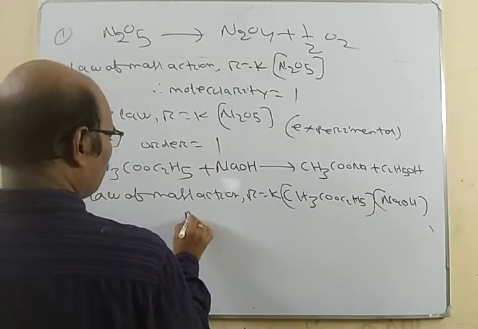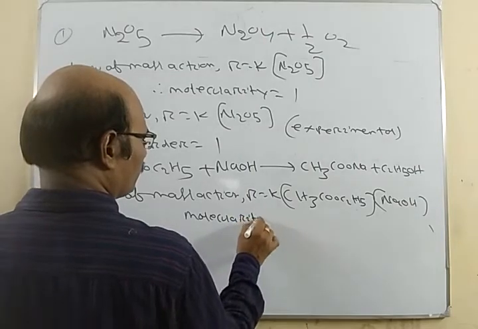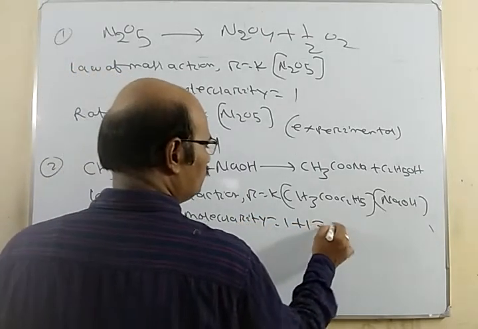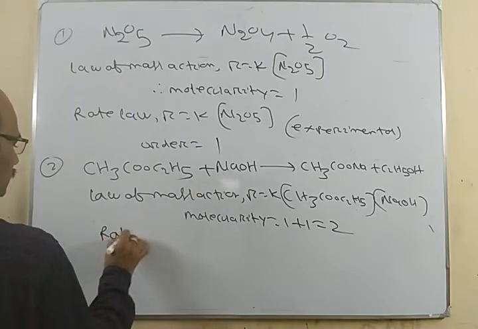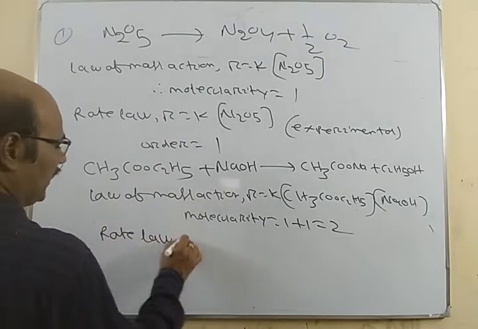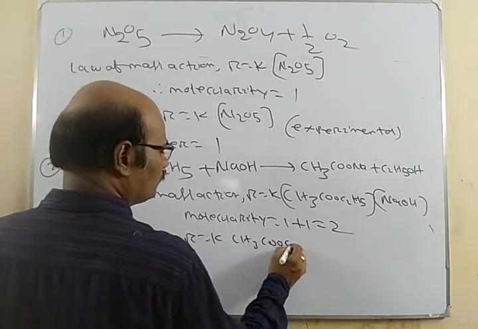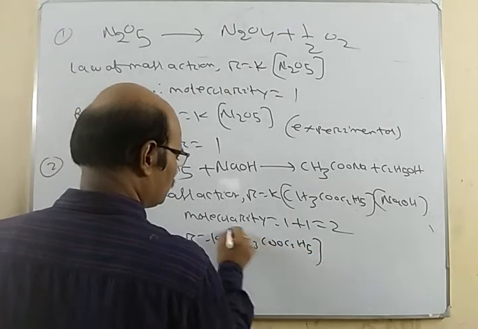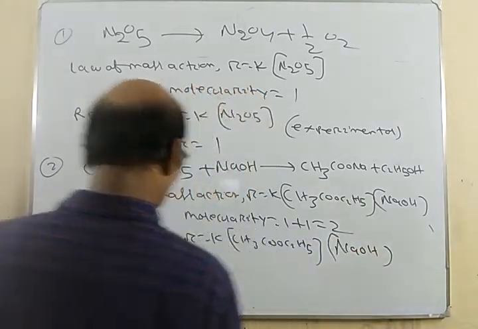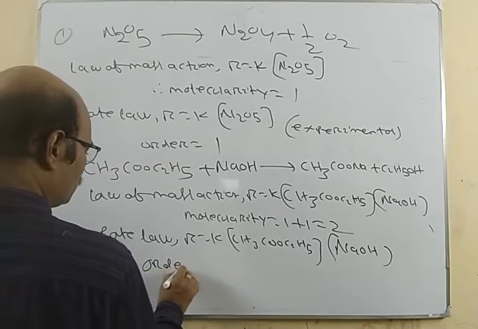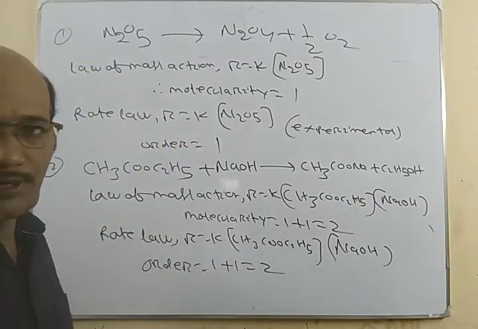So molecularity is 1 + 1 = 2. Here the rate law is R = k[CH3COOC2H5][NaOH]. So here the order is also 1 + 1 = 2.